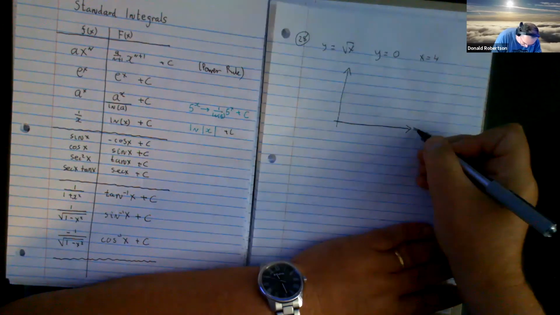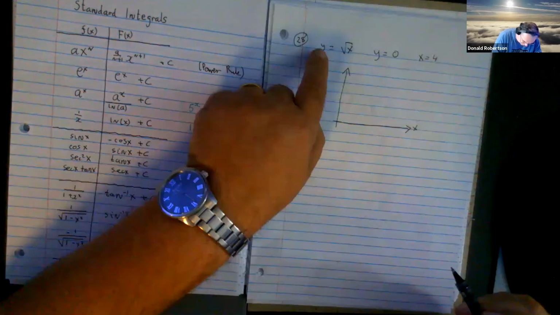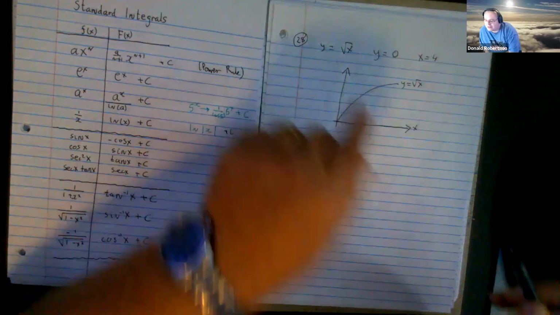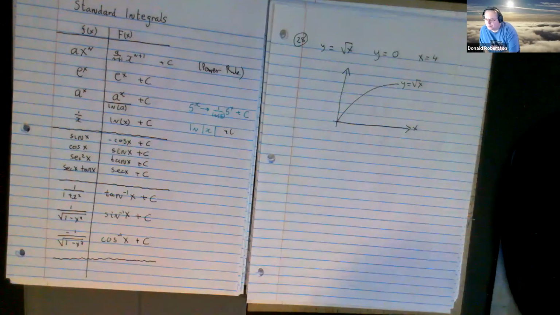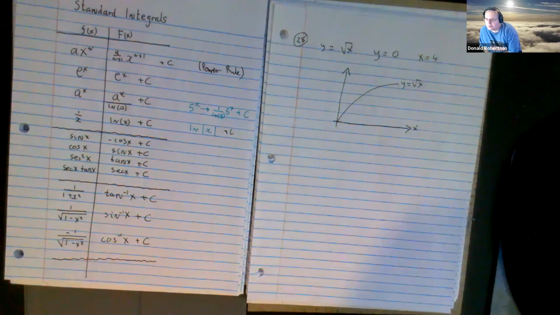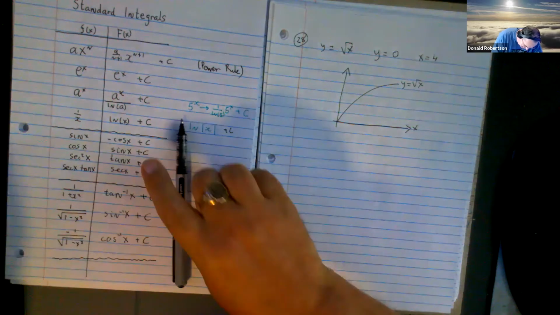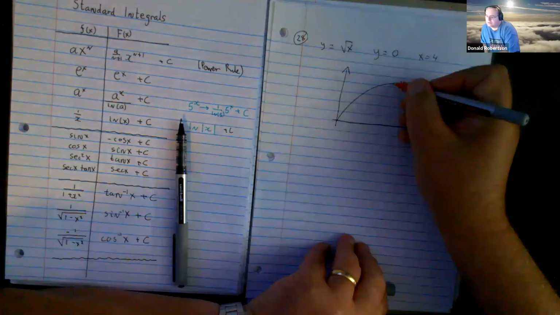Well, I'm pretty sure I know what y equals the square root of x looks like. They say a calculator would be recommended here, but I think you could figure out a square root without doing it in your TI-84. Okay, now x equals 4 is a vertical line about here, right?